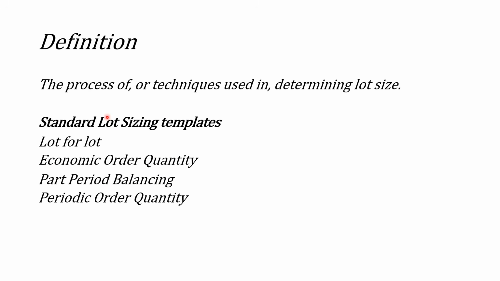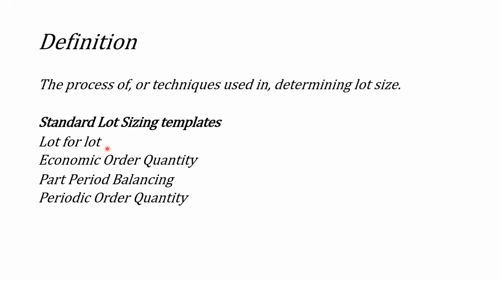Generally there are 4 standard lot sizing templates. The first one is lot for lot, where we order exactly the required quantity. In other words, this is very similar to a just-in-time approach. If we need 30 units in a particular week, that's what we're going to order, so we're only ordering enough for one period.